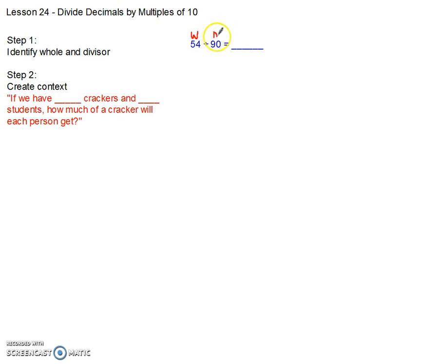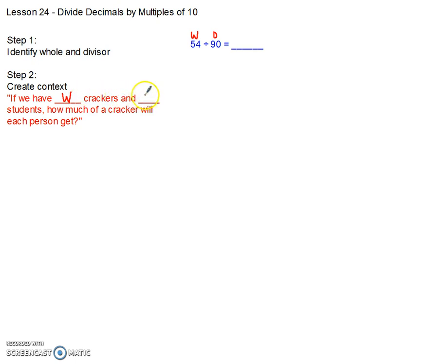And then we want to set our context so we can start thinking about these numbers as something that is going on, so that it helps us make sense of the problem. When we use this sentence frame, the first blank, if we have blank crackers, that's our whole, because we're talking about how many crackers we're starting with.